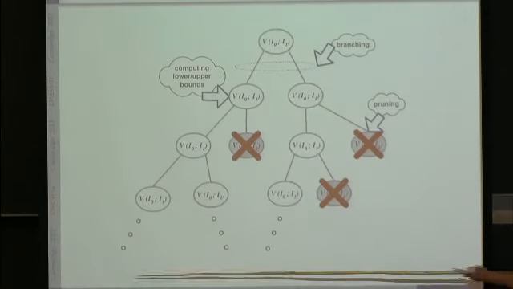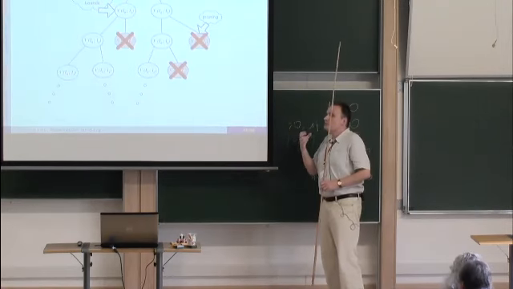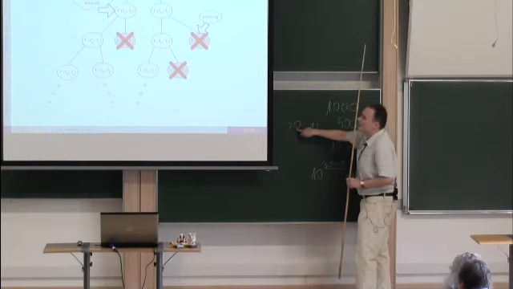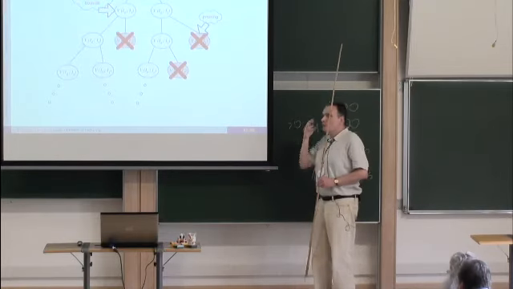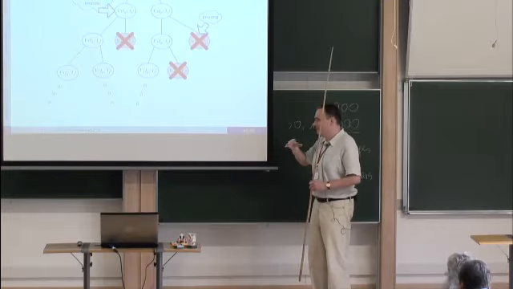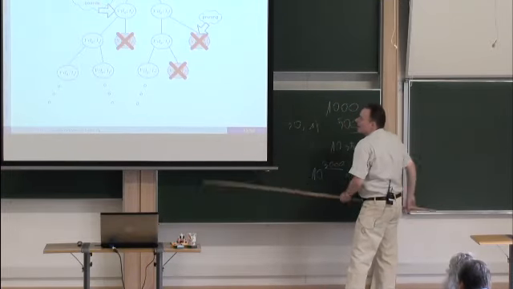Finally, when we have here at the bottom some terminal nodes, these terminal nodes correspond to all solutions to our problem when all variables are fixed to either 0 or 1. And if we are naive and we wish to check all the solutions, then we have to check all the terminal nodes.